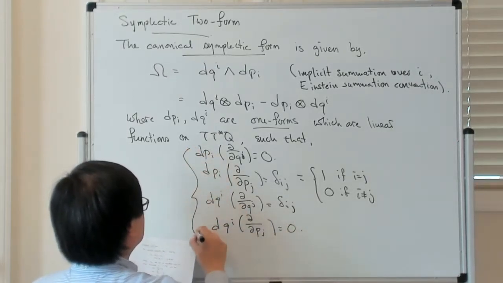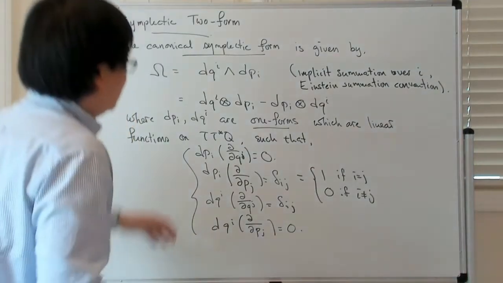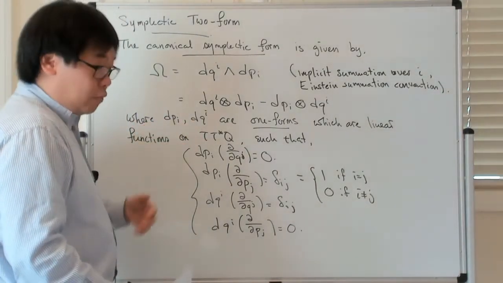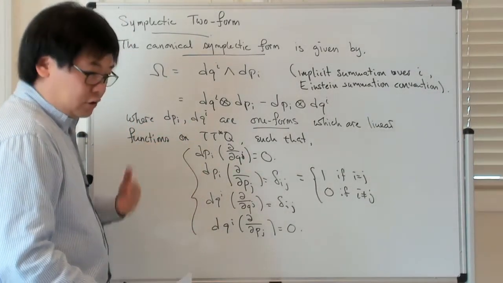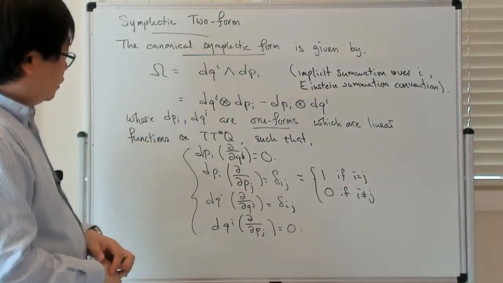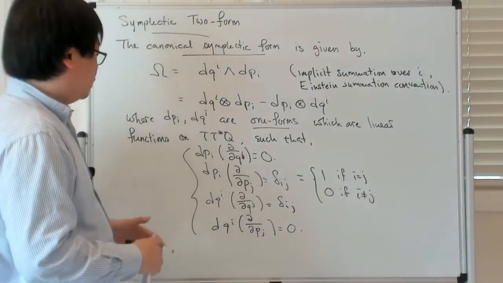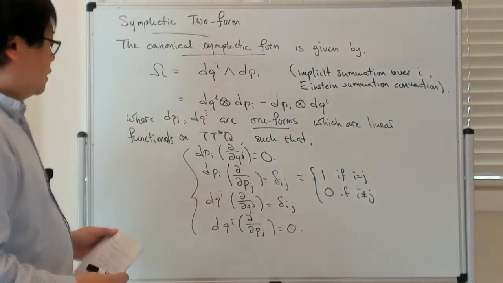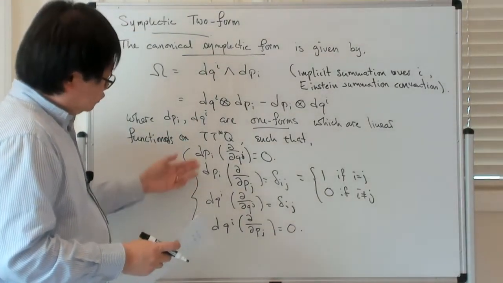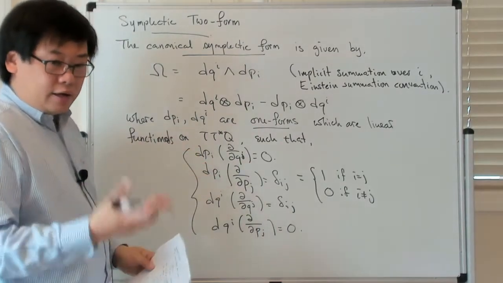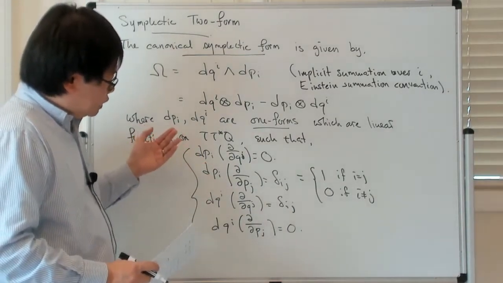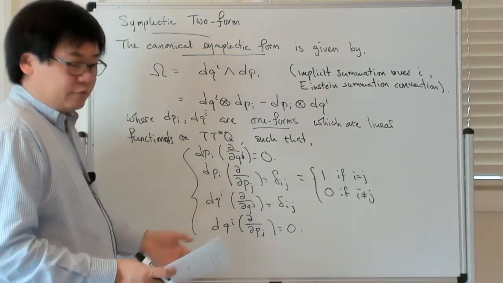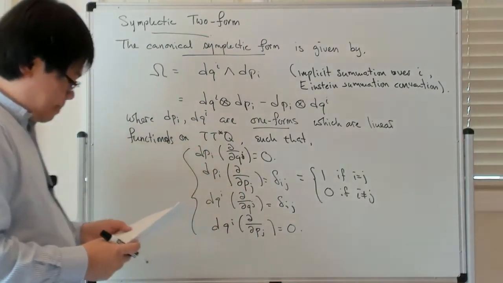So this is the definition, if you will, of the one-forms. It's just defined in terms of linear functionals. Basically you can define the action of a linear functional by just defining its action on a basis for the vector space, and that's what I've done here.